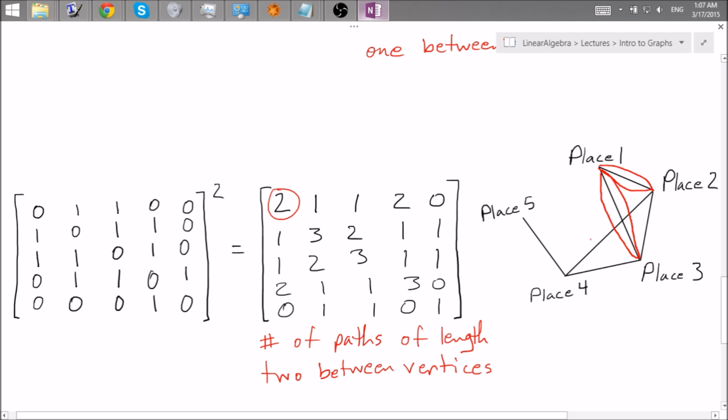So those are the 2 different ways of going from place 1 back to place 1 using a path of length 2. Maybe though we want to look at the number of paths between some other vertices.